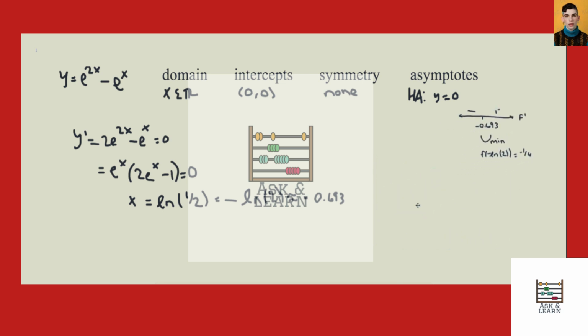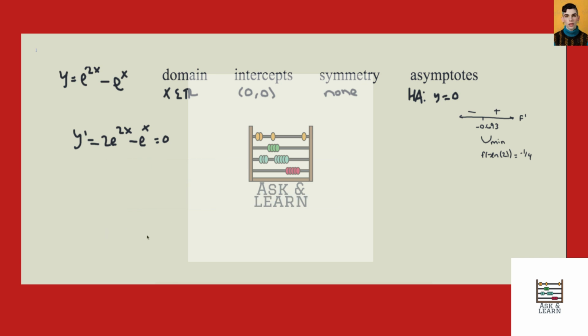And now we can test for concavity using our second derivative test. So if this is y prime, we can solve for y double prime, which is e to the x times 4e to the power of x minus 1.